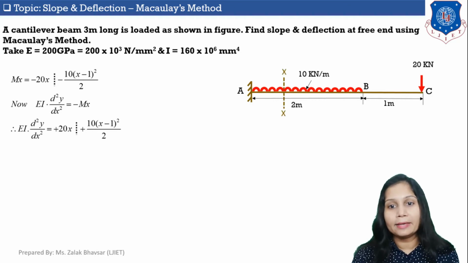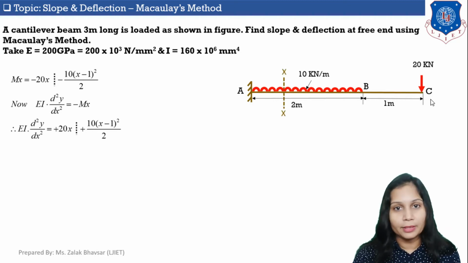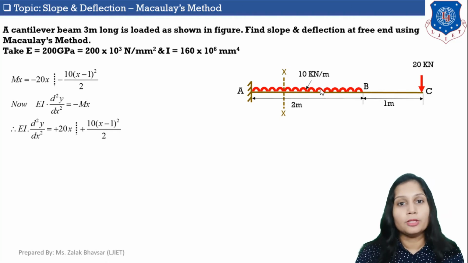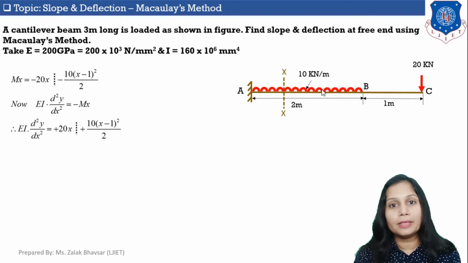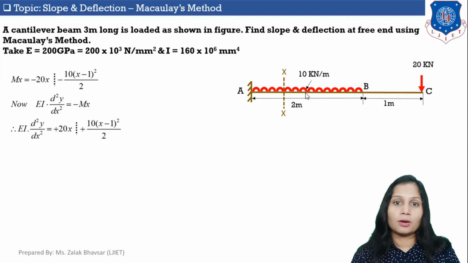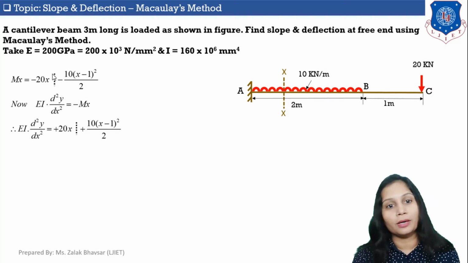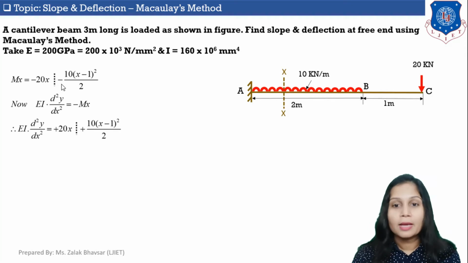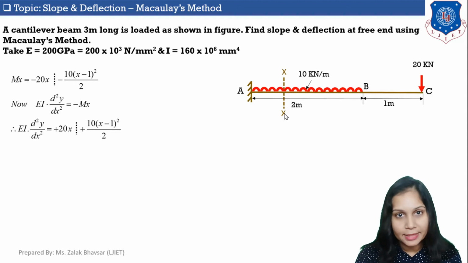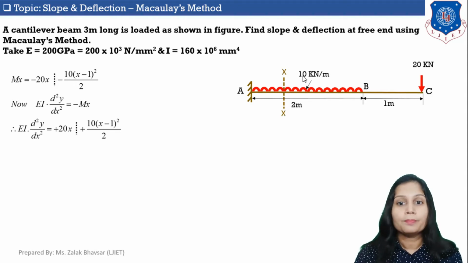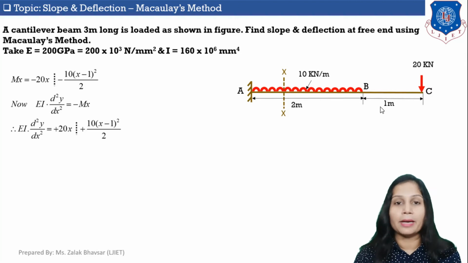Now let's take second section at a distance x meter from point C in part AB. Okay, so in part AB, the UDL 10 kilonewton per meter, which is acting in a downward direction, will generate moment about section x-x, which is clockwise in nature. So here the generated moment is clockwise, so again we will take it as negative, and moment of this 10 kilonewton per meter UDL about this line x-x will be equal to 10 into (x minus 1).